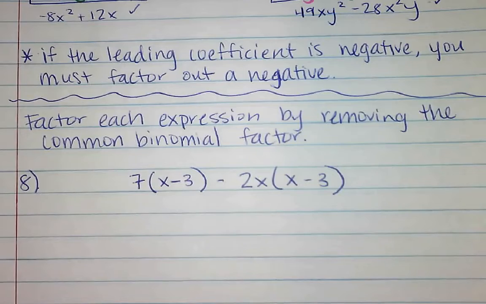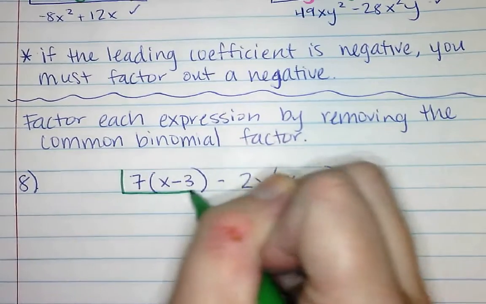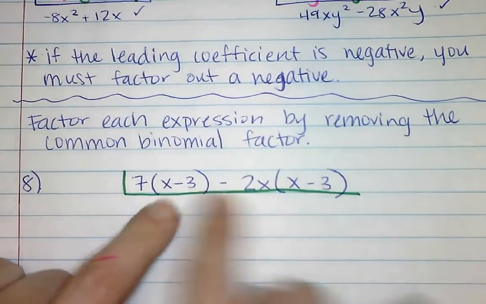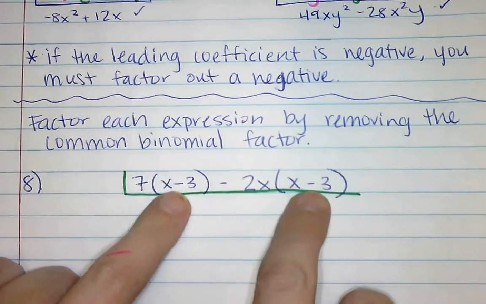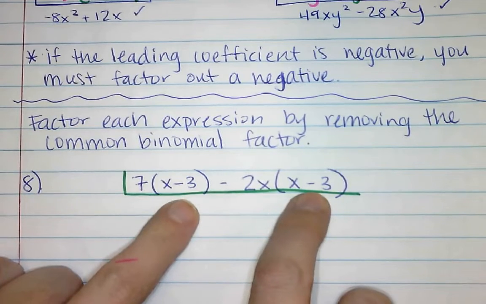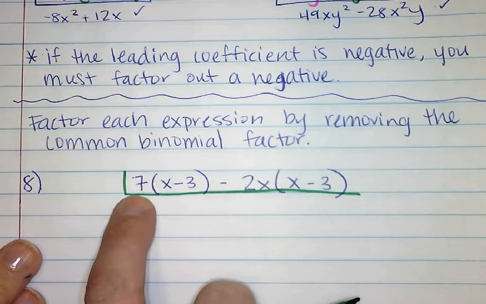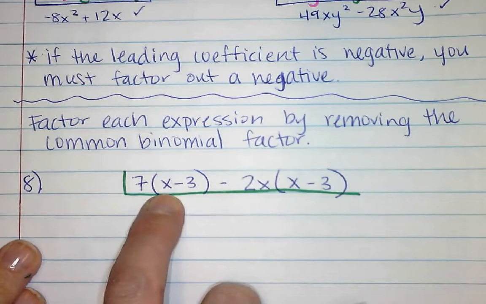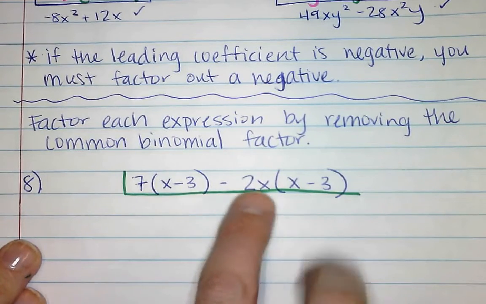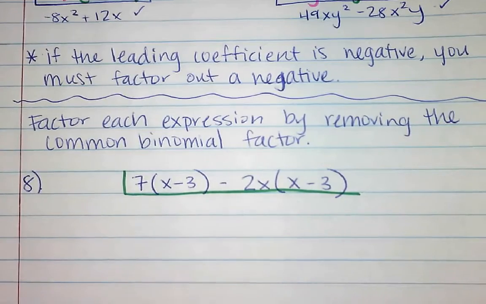So what do these two guys have in common? What is common between them? Just the x minus 3. Because, guys, the factors of this first term are 7 and x minus 3. The factors of my second term are 2x and x minus 3. So, technically, the factor that they have in common is x minus 3.